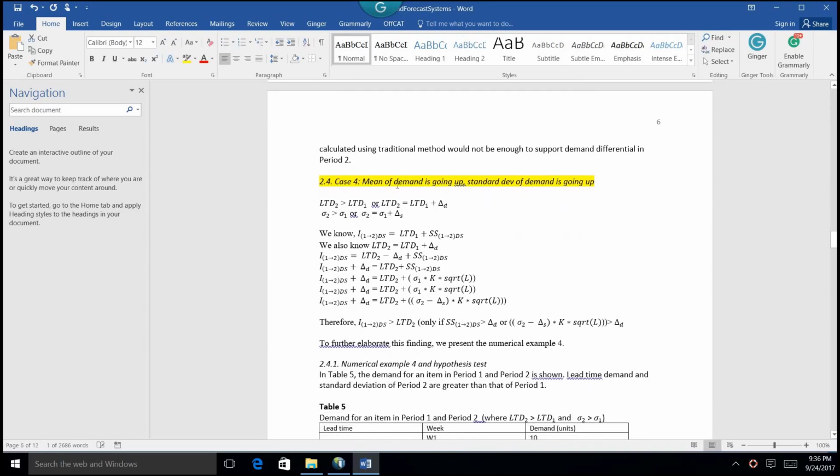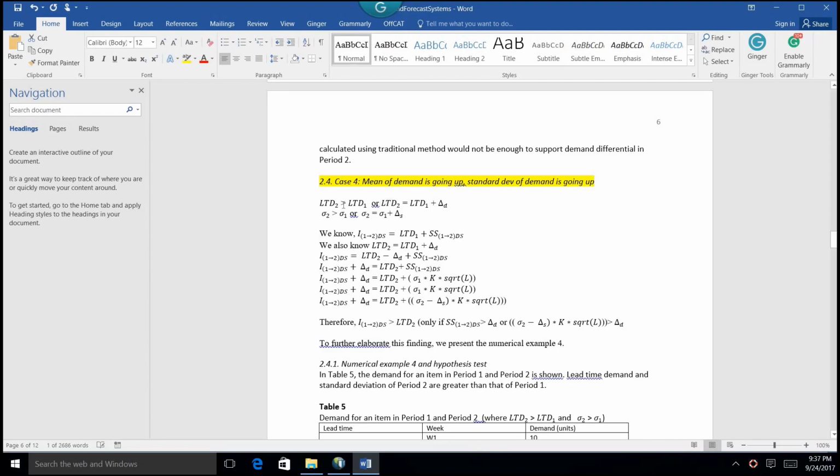Case number 4 says demand is going up, mean of demand is going up, standard deviation of demand is going up as well. So in other words, you have uptrend in period 2 compared to period 1. Okay, and also you have uptrend in demand fluctuation in period 2 compared to period 1.